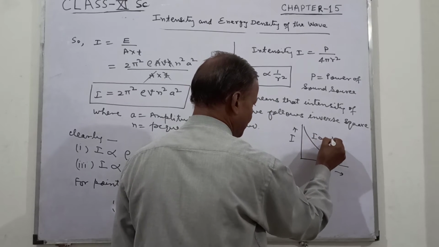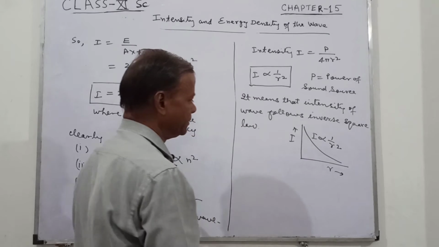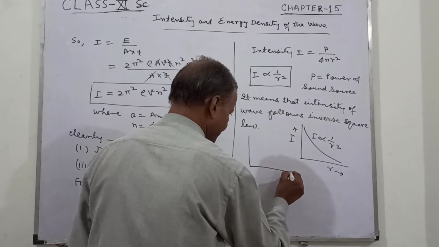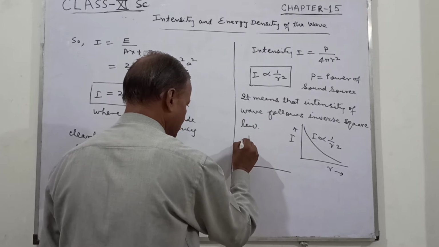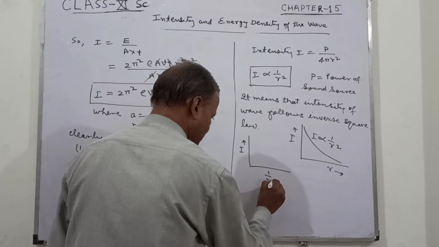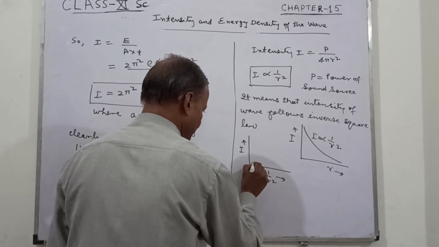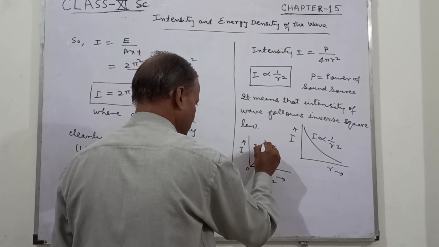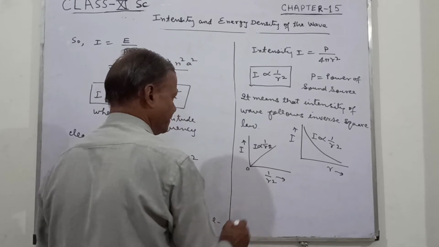So I is proportional to 1 upon R square.